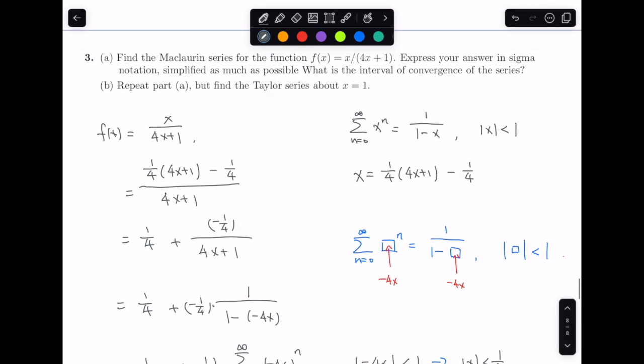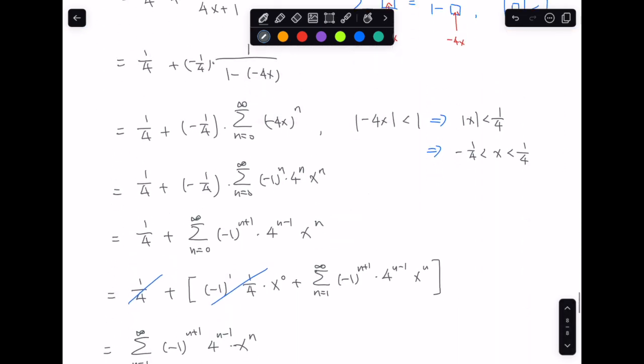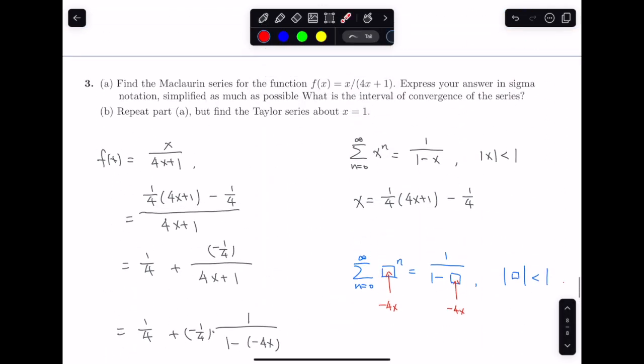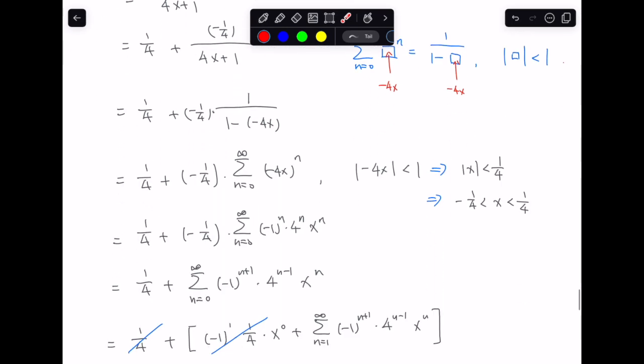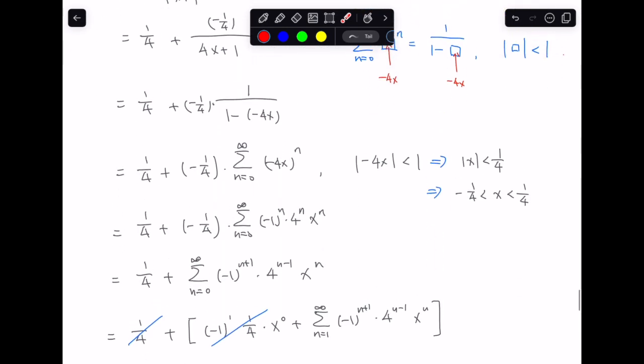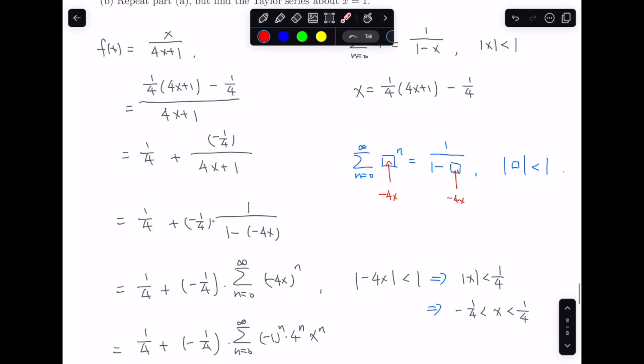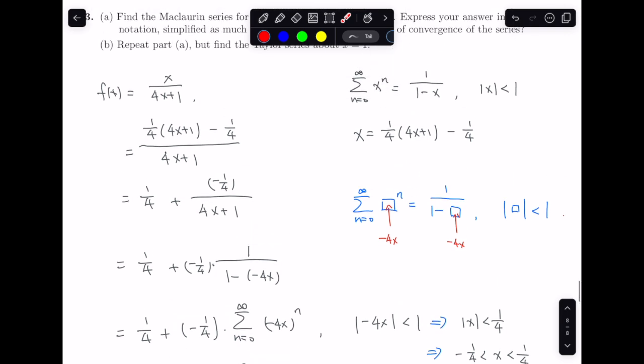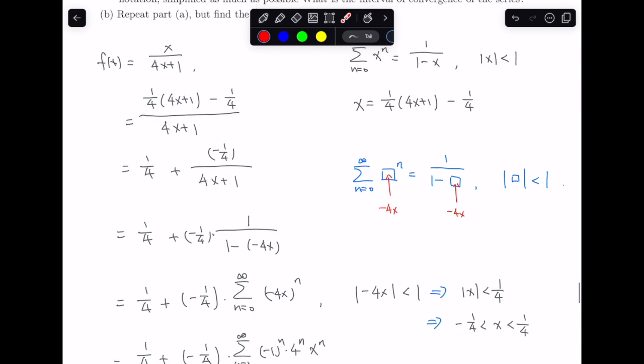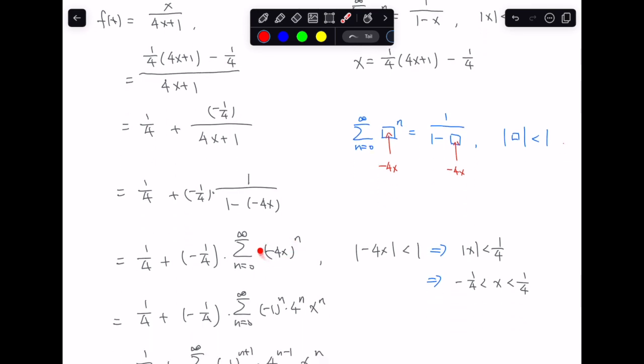Okay, so that's it. And then let's also take a look at the second part. The second part asks us to find a Taylor series about x equal to 1. Okay, so the process is pretty much similar, except that we want to expand the series at x minus 1, that requires us to have this part here to be in terms of x minus 1 instead of in terms of x.